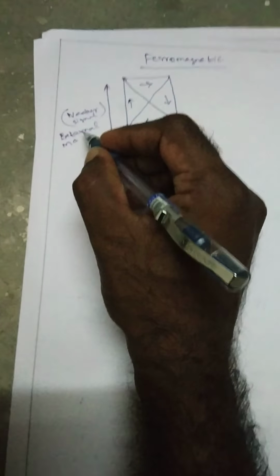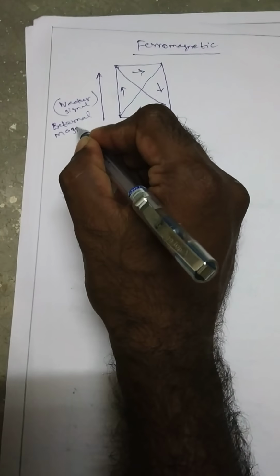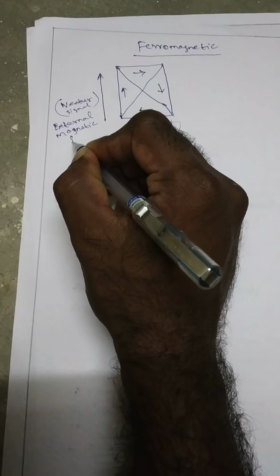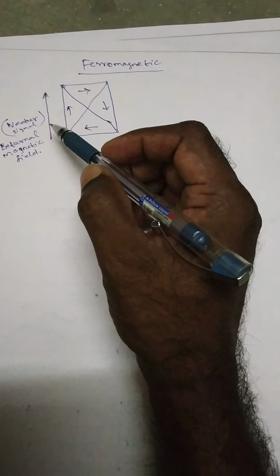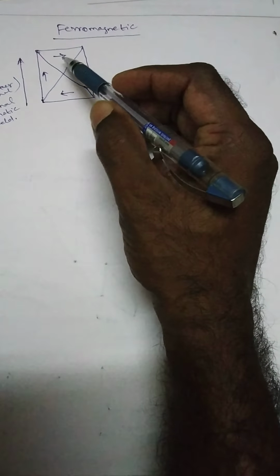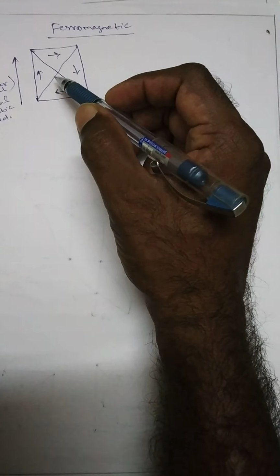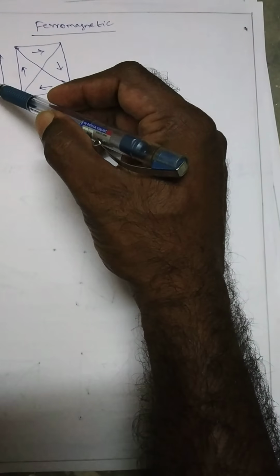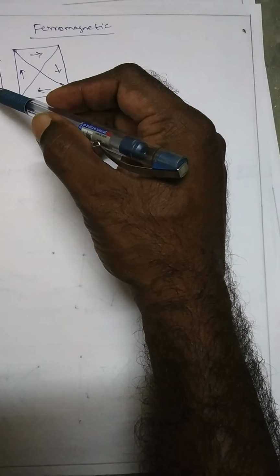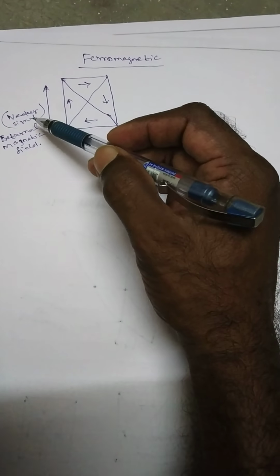So what will happen because of supplying this external magnetic field inside this domain region? Here you see these atoms are moving in this way, but they will not get disturbed because we are supplying this external magnetic field in a very small amount, that is, a weaker one.